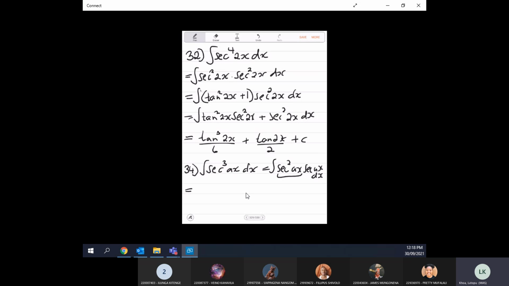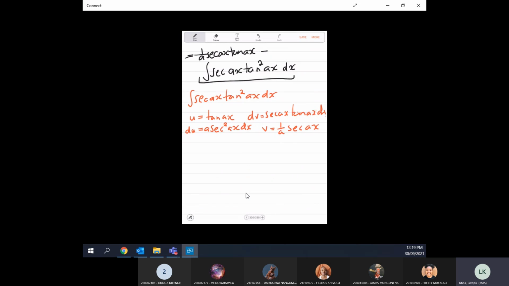So this is the integral of 1 plus tan squared ax, and then sec ax dx, and then this is the integral of sec ax plus the integral of sec ax tan squared ax dx. Okay, now we can use by parts like I was doing in red over here.